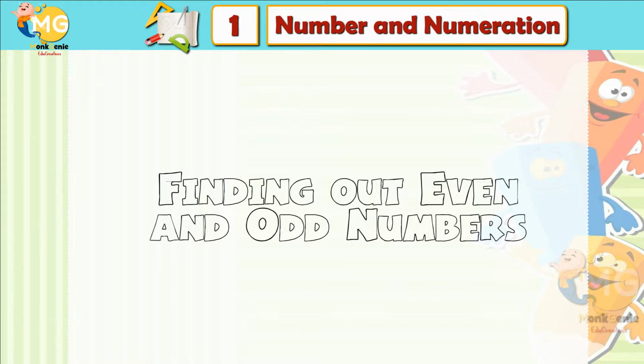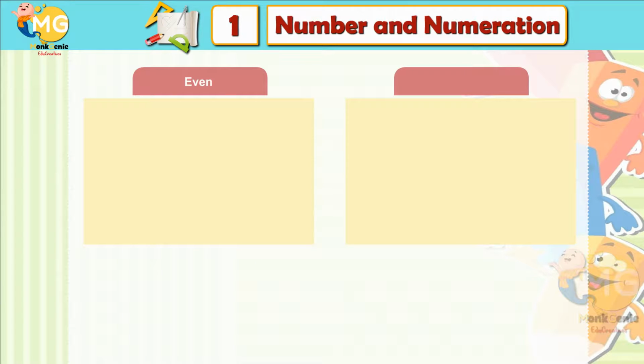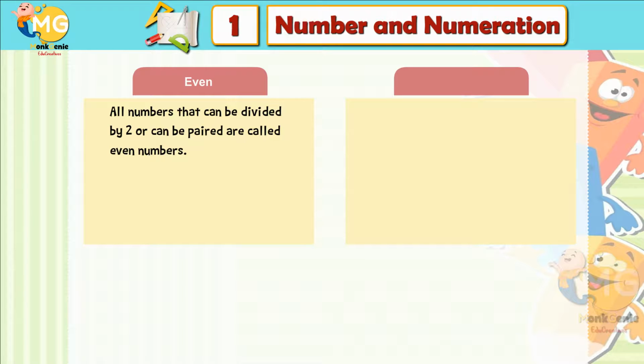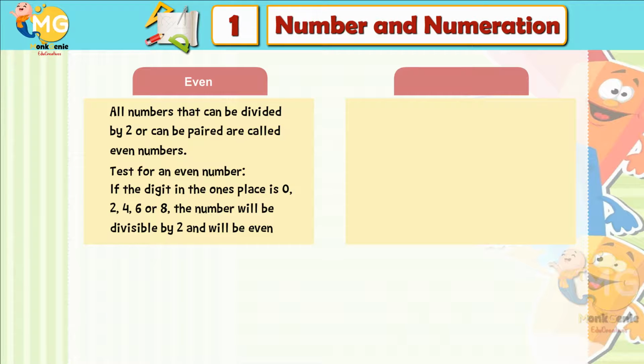Finding out even and odd numbers. Even. All numbers that can be divided by 2 or can be paired are called even numbers. Test for an even number. If the digit in the ones place is 0, 2, 4, 6 or 8, the number will be divisible by 2 and will be even.